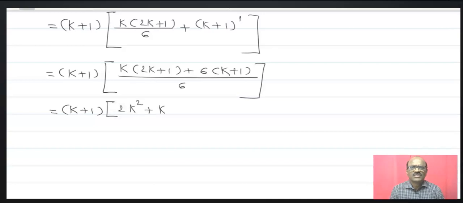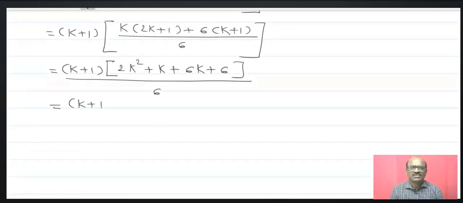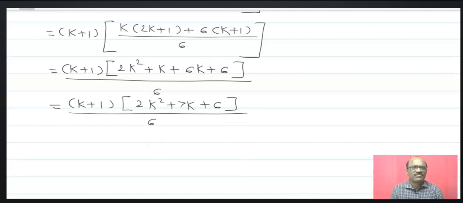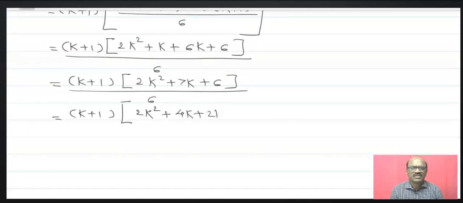Therefore, the 2k square plus k plus 6k plus 6 upon 6. Now k plus 1, 2k square plus 7k plus 6. Now factorize it. 2k square plus 6, that is a 12, and 3 plus 4, that is a 7, and their product is also 12. These are the factors.